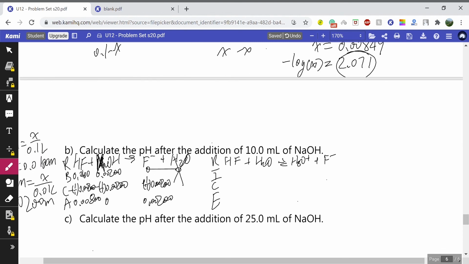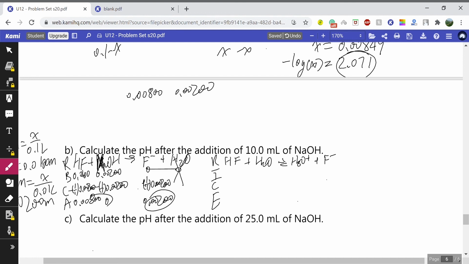Now, this is all in moles, and for the RICE chart, it would have to be molarity. So we have 0.00800 and 0.00200, right? These two are the moles over here.